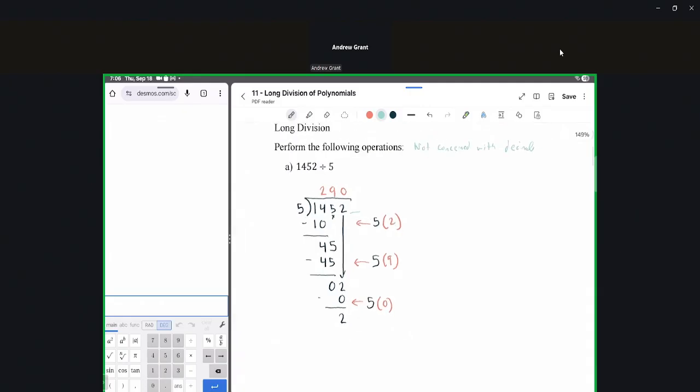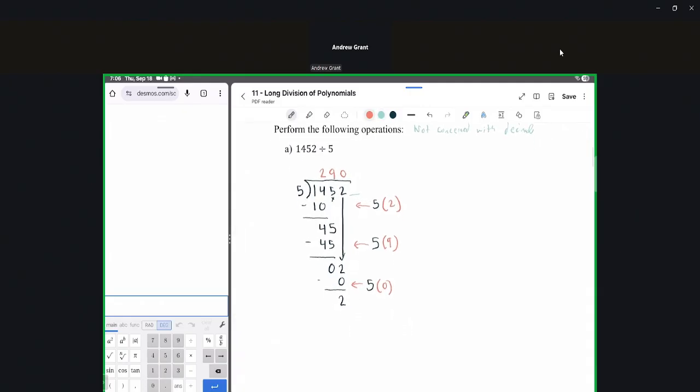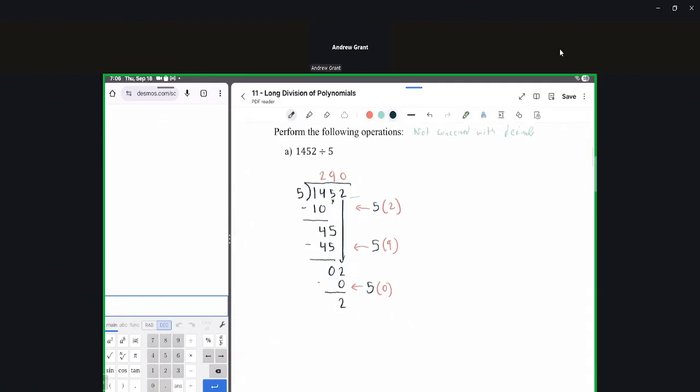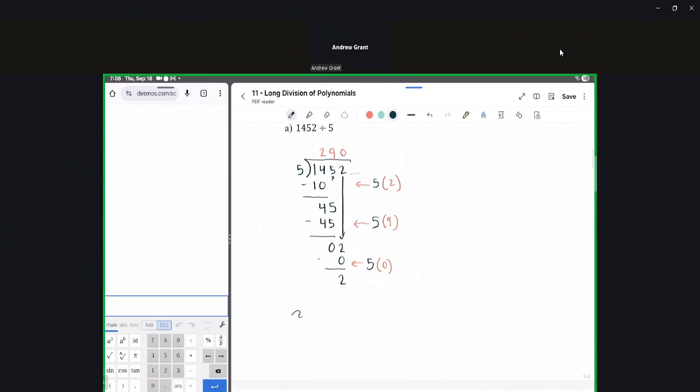And so we could say that 1,452 divided by 5 is equal to 290 and a remainder of 2.